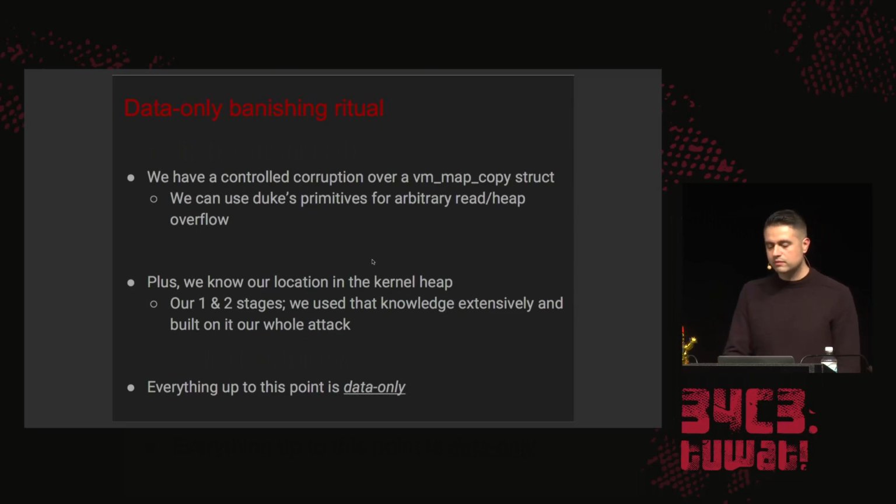That's the only thing we knew, that address, in order to successively build on it, to reach a much more useful primitive. And the interesting thing is that everything up to this point is data only, right? You haven't injected any code, you haven't done anything that you could be caught by a kernel self-protection mechanism or this kind of thing. Everything is data only.